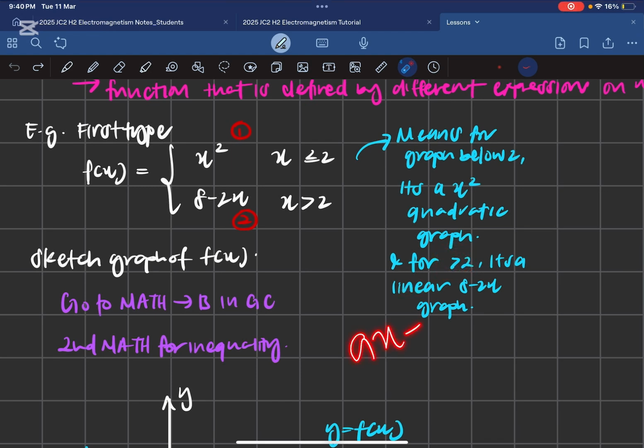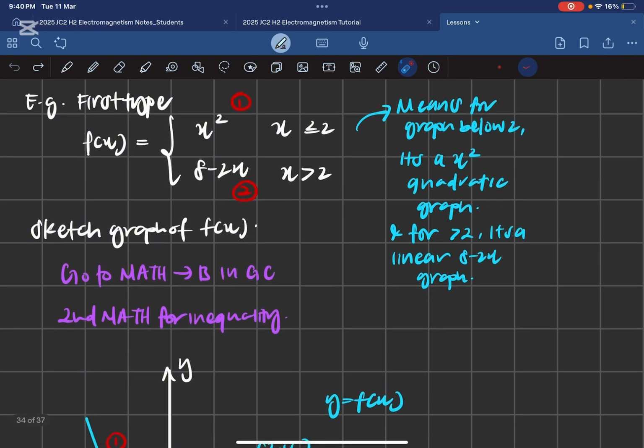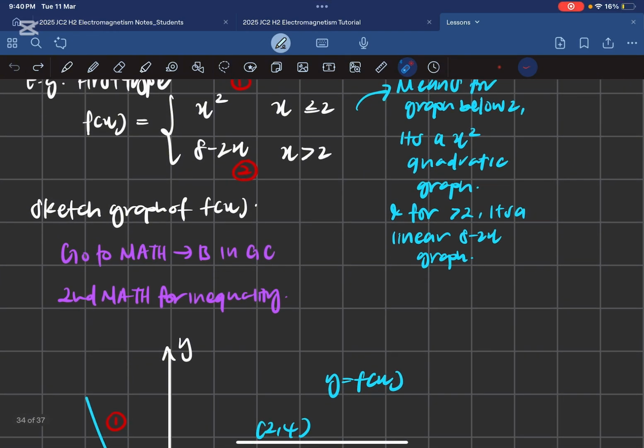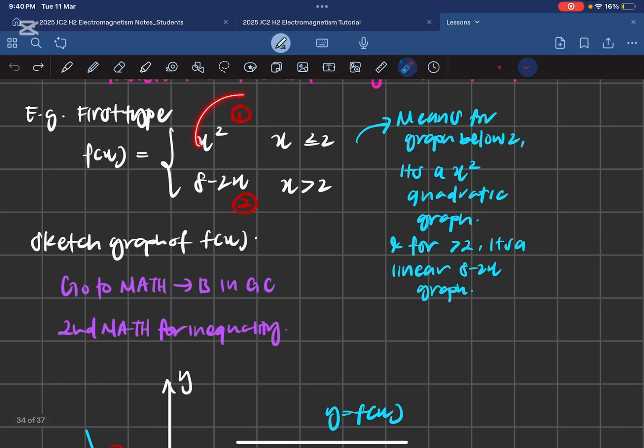You key in less than or equal to 2, and then more than 2. You'll also be asked whether it's 3 equations or 2 equations. In this case you have 2 equations, so key in 2.